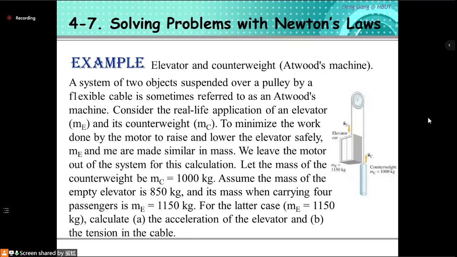Remember that if we consider the mass of the pulley, the result could be completely different, and we will introduce this situation in the next chapter. So in this chapter, we do not consider the mass of the pulley or the motor system. We just consider the system formed by this elevator and this counterweight.